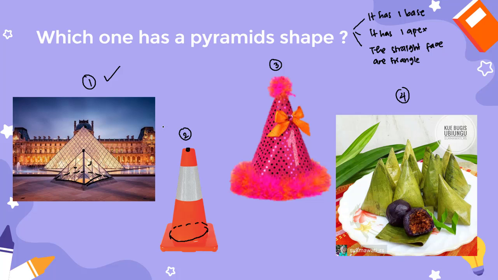But it doesn't have a straight face, so this is not a pyramid shape. And the birthday hat is the same as the traffic cone, so it's not a pyramid. And the last one, the traditional cake, has one base with a square shape, and it also has one apex. So this has a pyramid shape.